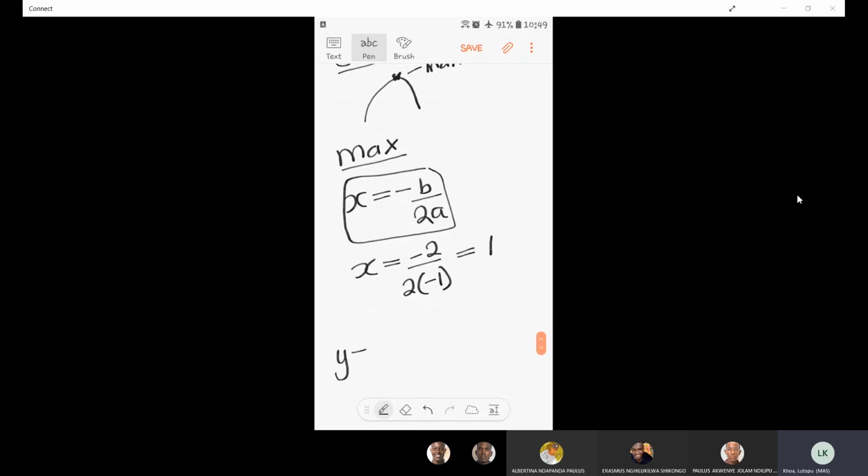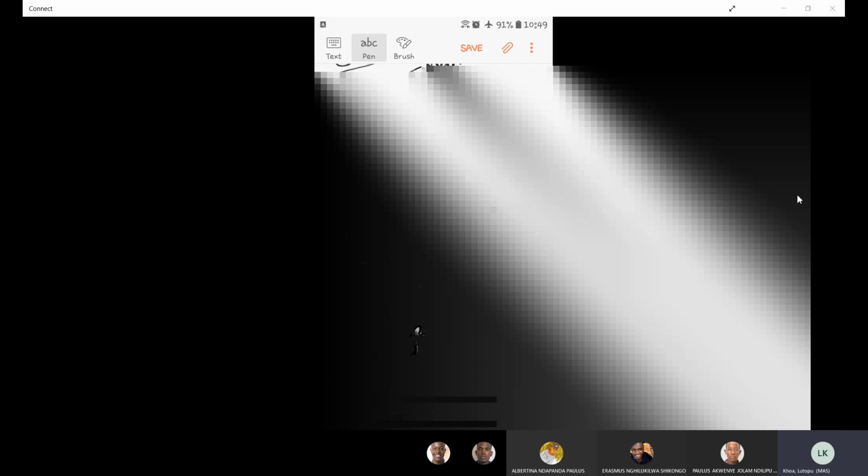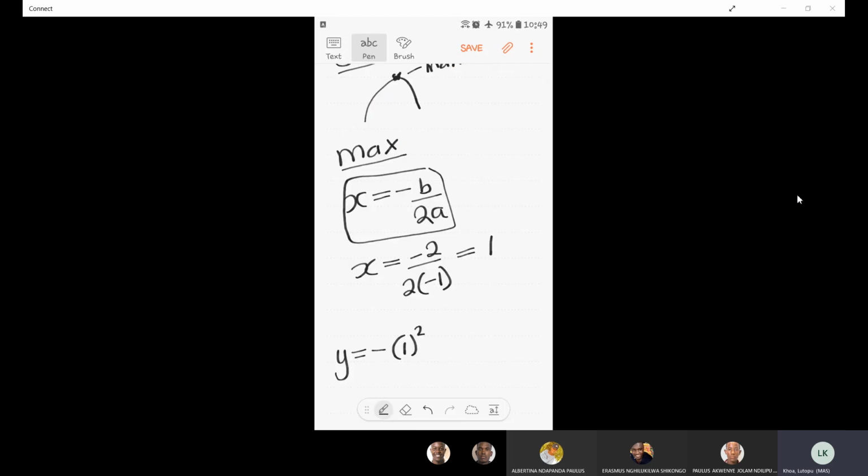So we know that y is equal to negative x squared plus 2x plus 3. So it's negative 1 squared plus 2 times 1 plus 3. So I'm using this equation over here.